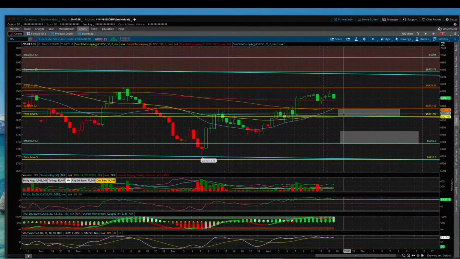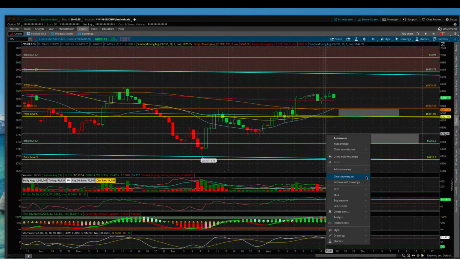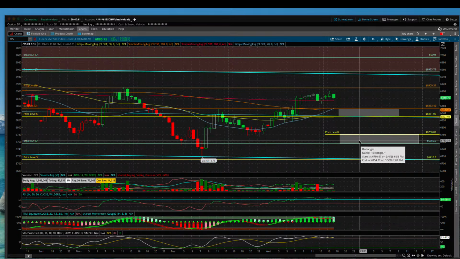So we've got zone 1 between 68.30 and 68.50. All right, zone 2 is going to be between 67.56 and 67.80. Okay. So zone 1, zone 2.